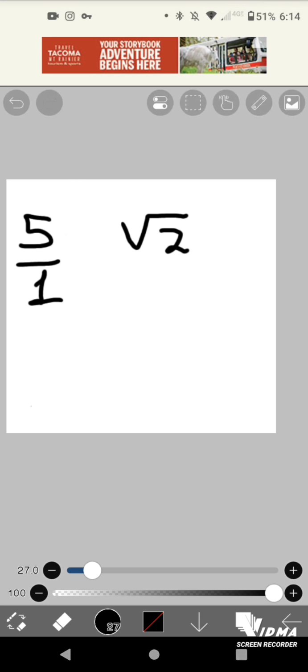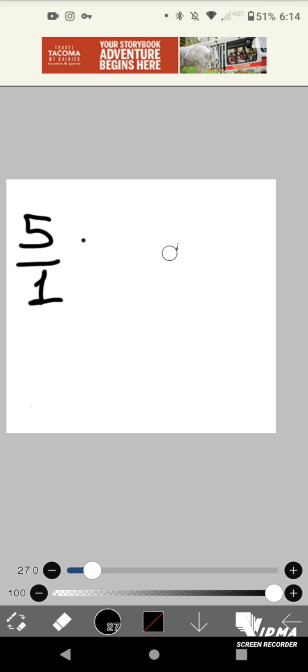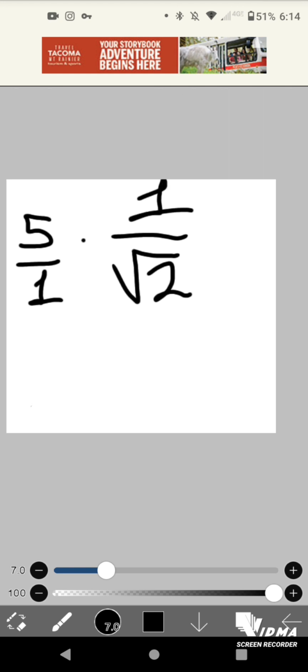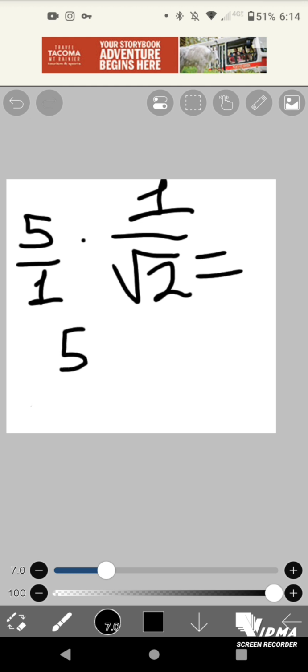We keep the 5. We get rid of the division and change it to multiplication. And then we also get rid of the square root of 2. So we can flip it and put it at the bottom, then put it over 1. So 5 times 1 equals 5 over 2.